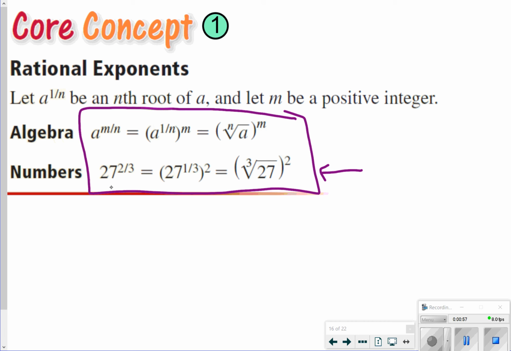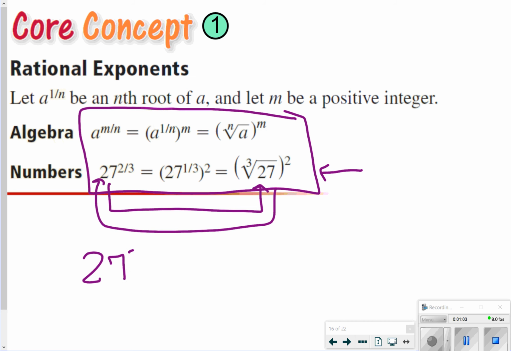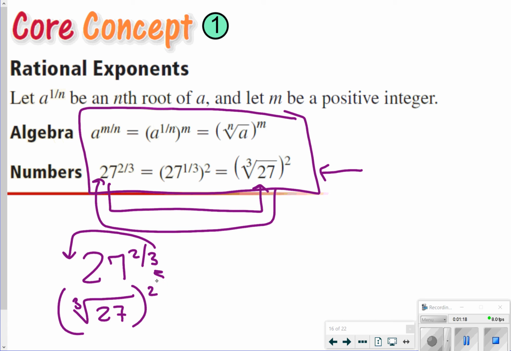You basically want to be able to go from here to here and vice versa. One thing I like to remember, if you have 27 to the 2/3, is that the 3 goes in the back, where your cube root would go, and the 2 just stays next to the 27. So the only thing you're moving is the 3.